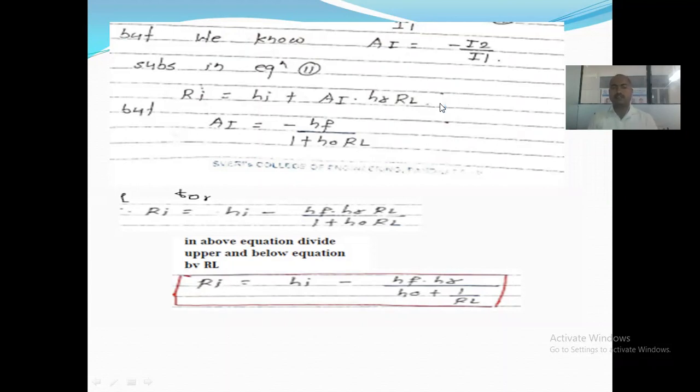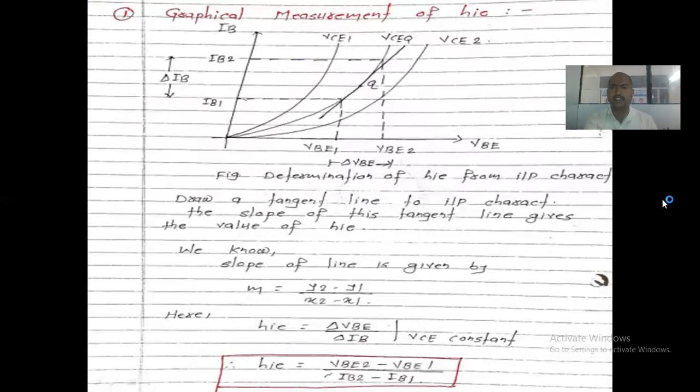This is the thing as we have seen with respect to the current gain, voltage gain, input impedance, output impedance, right? So now we have seen one of the important things, HIE, HFE, HOE, and HRE. These are with respect to the common emitter configuration. As these are with respect to the common emitter configuration, it indicates that we have to calculate them by equation.